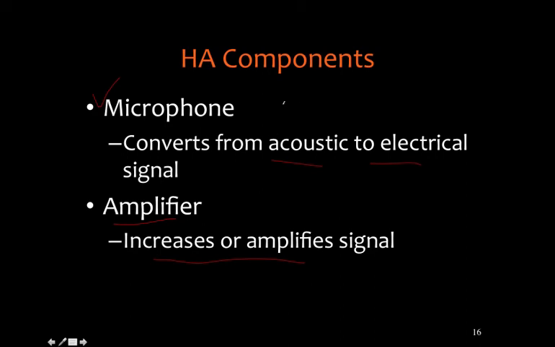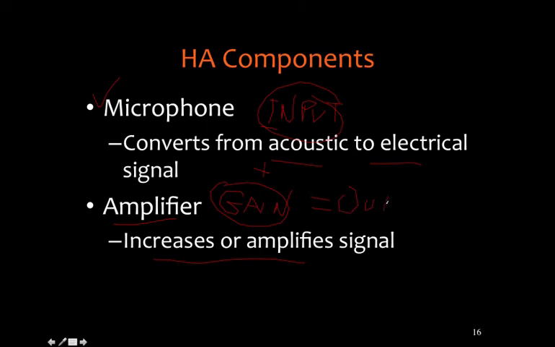The basic idea is that you've got input coming into the hearing aid, probably some speech sounds. The hearing aid amplifier or other amplification device is going to add energy to that. We can call the additional energy gain. So input plus gain is what ultimately yields the output of the hearing aid.